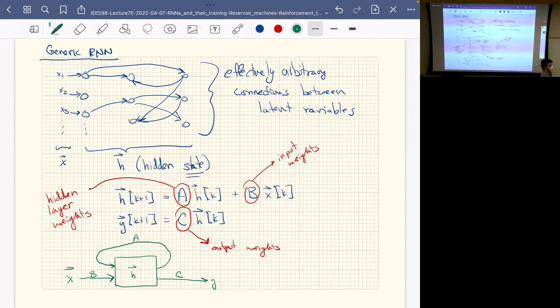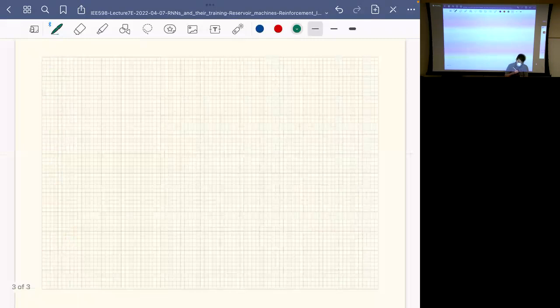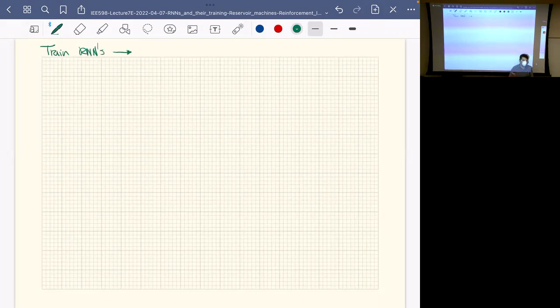All right, so one thing is that we said, well, how do we train this thing? Well, we learned that backpropagation worked really well for feed-forward neural networks. And it turns out you can also train these recurrent neural networks with something called backpropagation through time. I'm focusing on this diagram here. So we can train RNNs with, of course, you could use other methods.